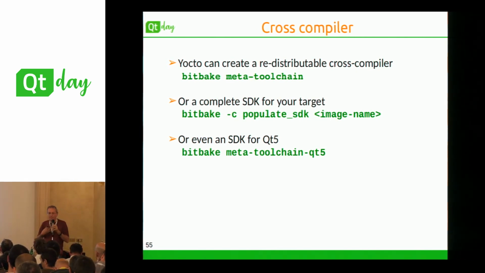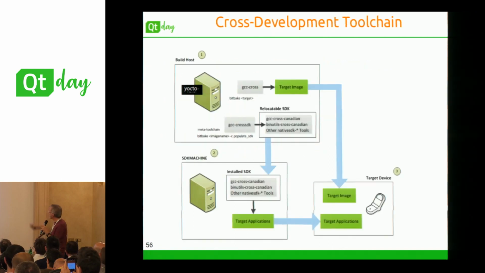So I am the system integrator. I am responsible to provide you a meta-toolchain or a meta-toolchain-qt5. Using this command, I can generate the redistributable toolchain for all the developers in my company. And they can work in this way. I am the Yocto project manager releasing the image on the target system.